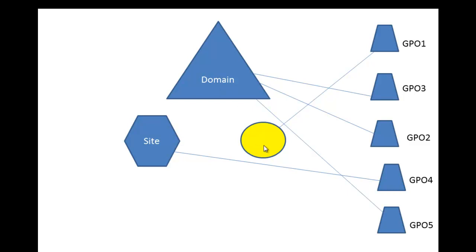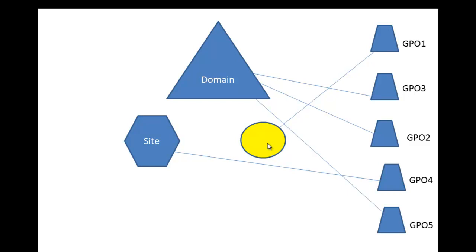Now there are some exceptions to that. And we have a group policy called Loopback policy. And when that policy is run, it allows the user to receive the local computer policy instead of the user's domain policy, which would be the policy that would have run, the policy that was connected to the OU.